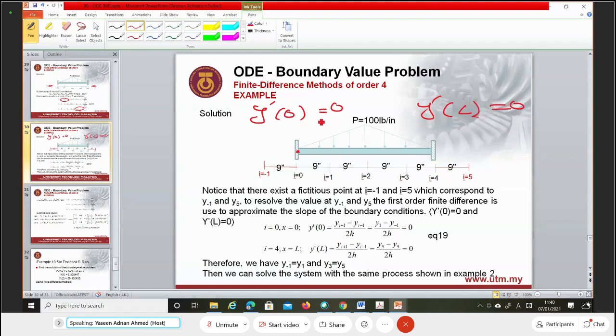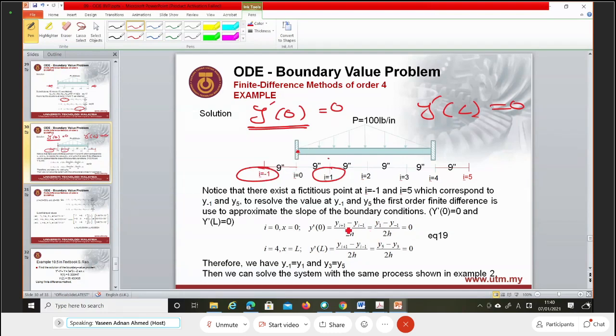Now you apply the central difference method, first order differentiation. That will be this minus this divided by 2h, which should be zero. So at this point I apply the boundary condition, and you can create the relationship between this and this.